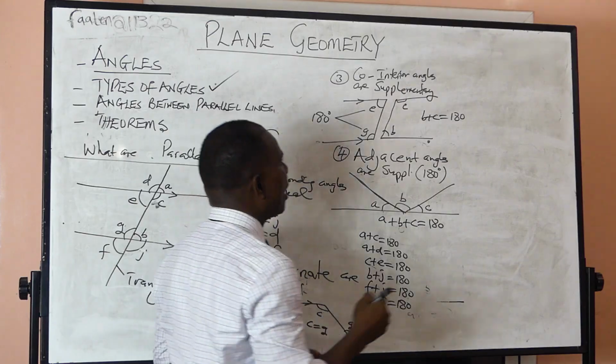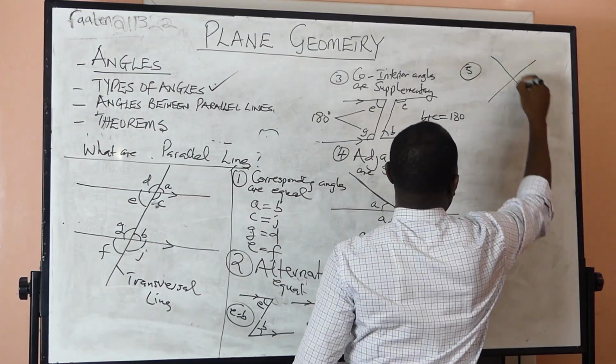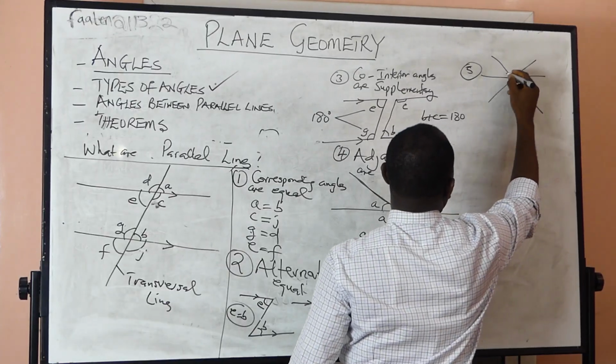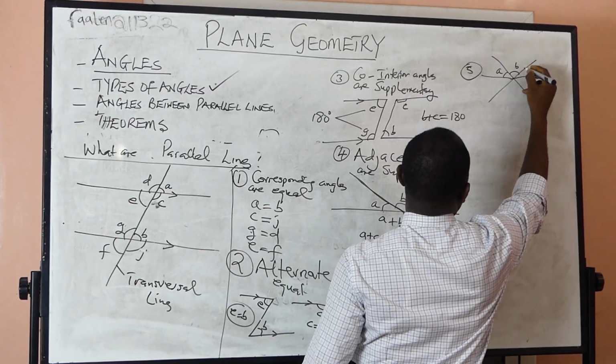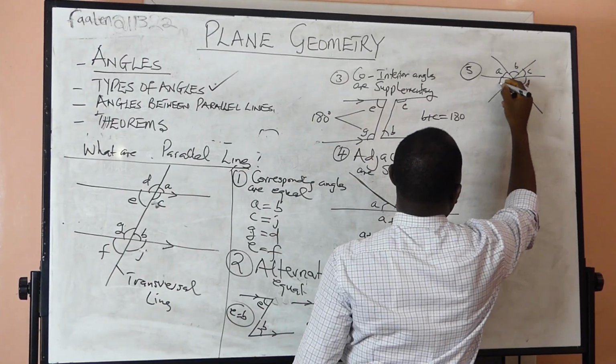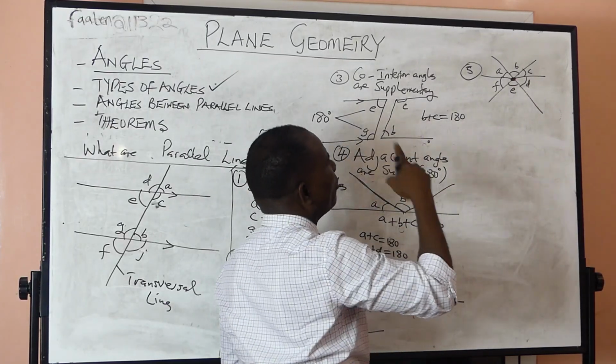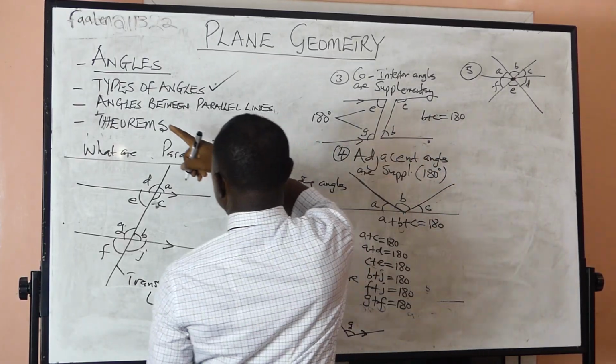Now we'll look at angles that are meeting at a point. Let's say I have this angle here, I have this, F, but they meet at a point. So all these angles, when I sum them up, they must give me 360 degrees.